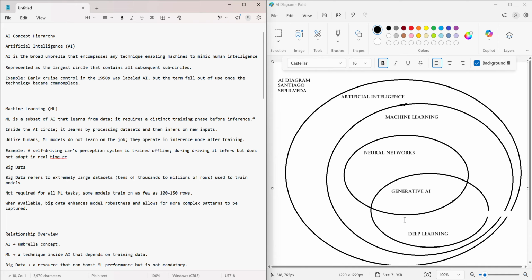And then we have the generative AI within those two circles. What it really covers is a code that is able to generate a derivative of whatever was initially seen.